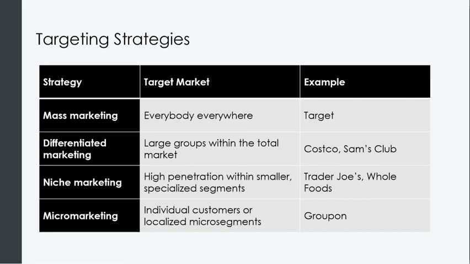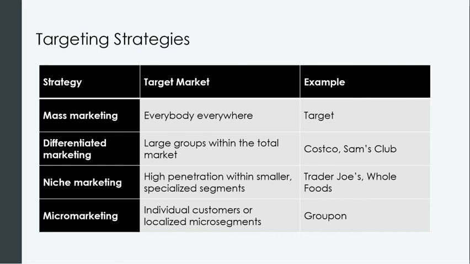Niche marketing. The target market is high penetration within smaller specialized segments. So the penetration strategy is used to provide a product sometimes at a lower price than the competitors.